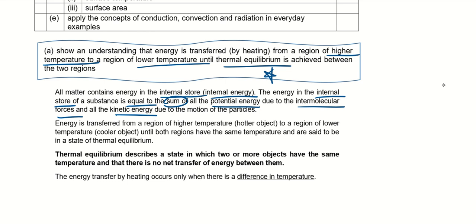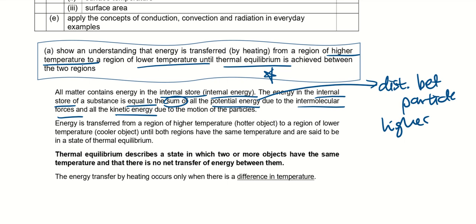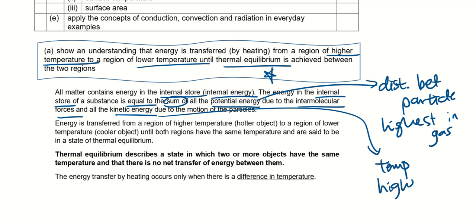So you might want to take note that potential energy depends on the distance between particles, and it's the highest in gas. Whereas kinetic energy is due to the temperature, so it is highest in gas as well.